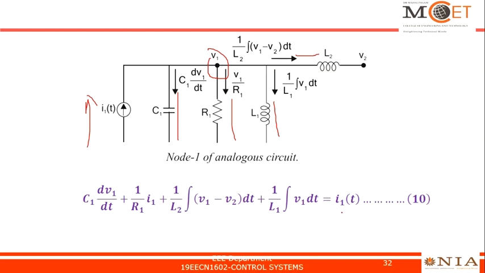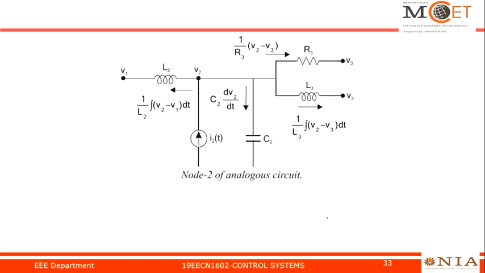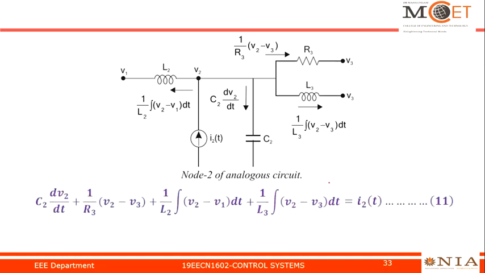So Kirchhoff's current law, algebraic sum of current. So current entering to the node is I1 of t. Current leaving from the node are four different currents. So like that I can write for node 2, current entering is I2 of t, current leaving is 1, 2, 3, 4 different currents.